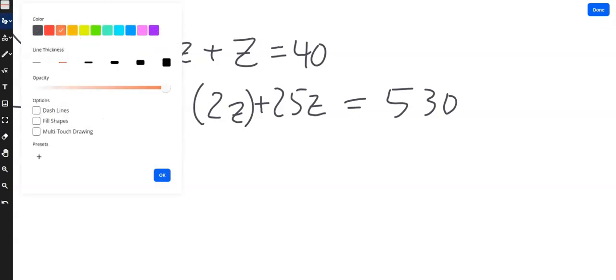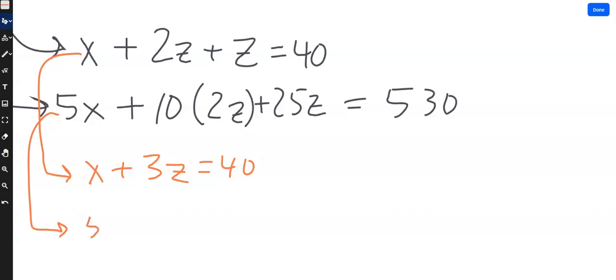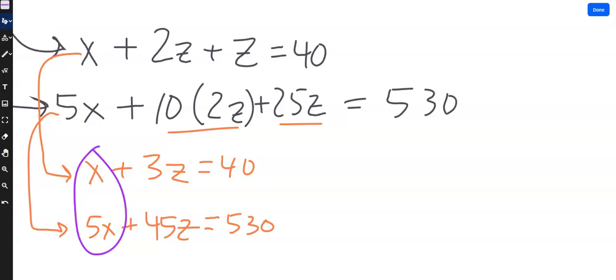So, need to simplify these equations down a little bit. We should use a different color here. So this one would be x plus 3z equals 40. This one would be 5x plus, let's see, that's 20z plus 25z is 45z equals 530. Well, I'm hoping you see that the x's would be the easy ones to get rid of.